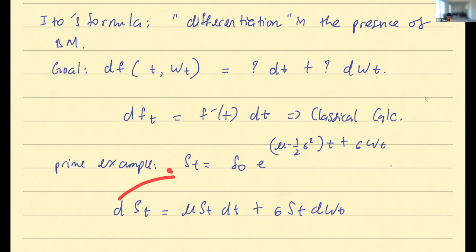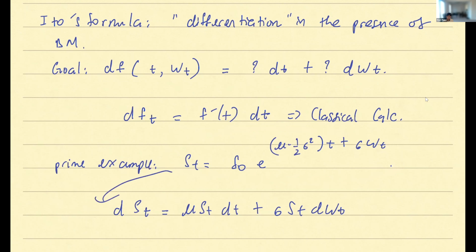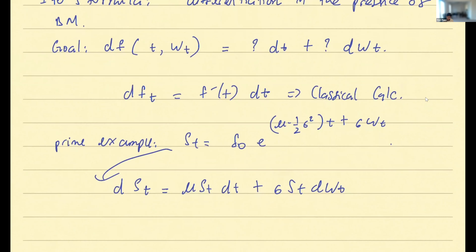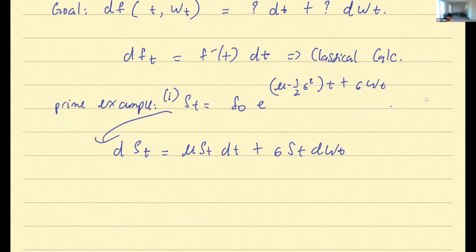So I guess it goes both ways, but the direction we are pursuing is now differentiation, meaning that suppose we have this, we try to differentiate it down to here. Does that make sense? So these are the two question marks here. But of course, we want to have a rule that works for any function. Okay. So actually, this is prime example number 1. Prime example number 2 would be something that's already in its perfect form.